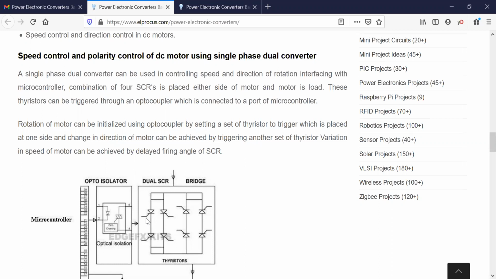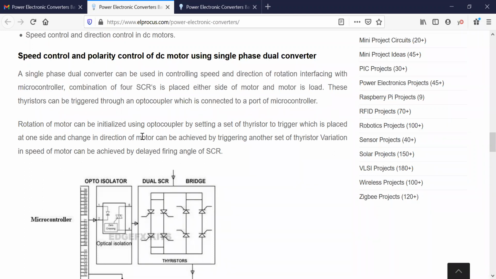So these thyristors are triggered through an opto isolator, which is a part of the microcontroller. These thyristors can be triggered through the optocoupler, and the rotation of the motor can be initiated by using the optocoupler to trigger a set of thyristors placed on one side.